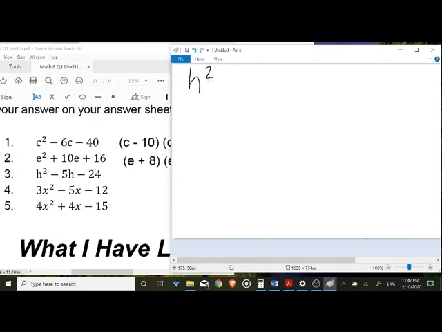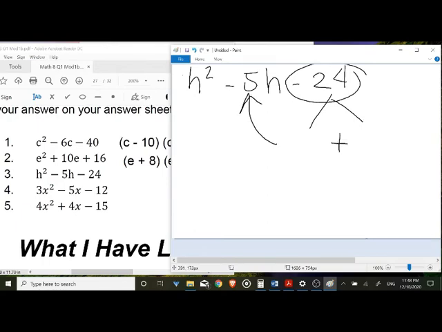h squared minus 5h minus 24. So again, third term. Find factors of negative 24. That when you add them, the answer is negative 5.